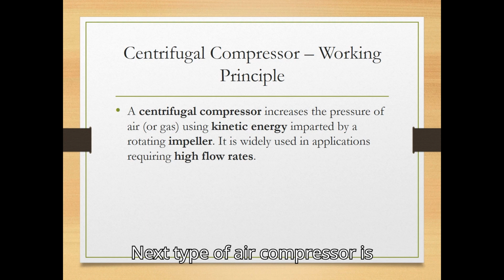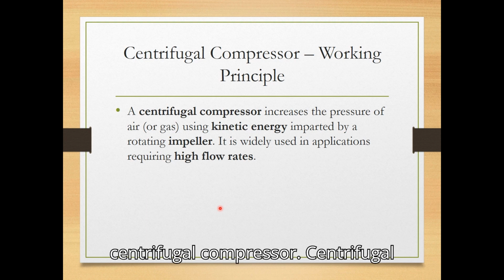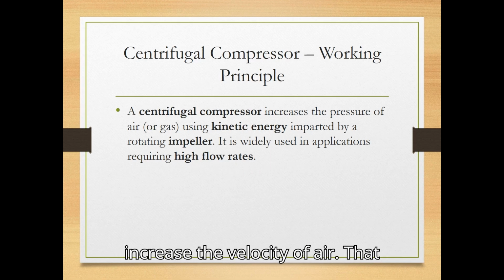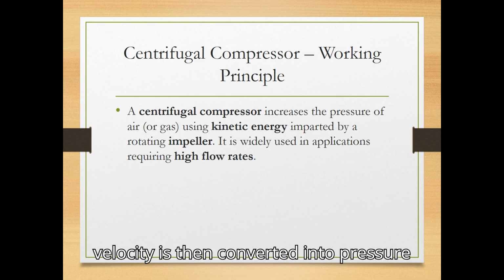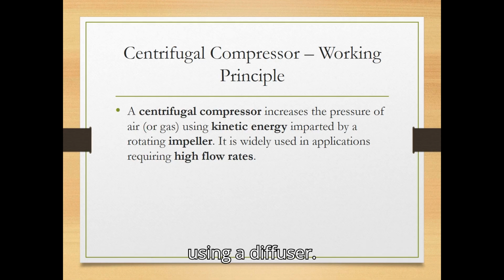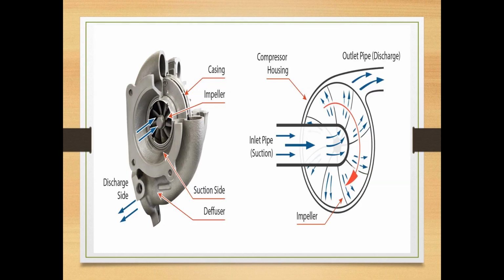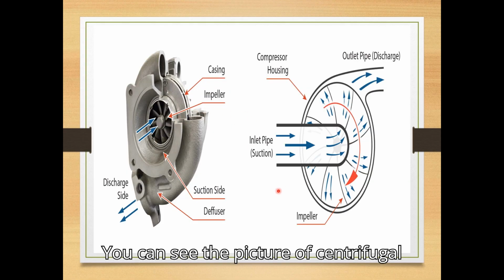The next type of air compressor is the centrifugal compressor. Centrifugal compressors are dynamic type. They use a fast spinning impeller to increase the velocity of air. That velocity is then converted into pressure using a diffuser. You can see the picture of the centrifugal compressor.